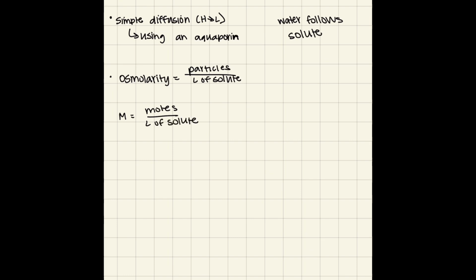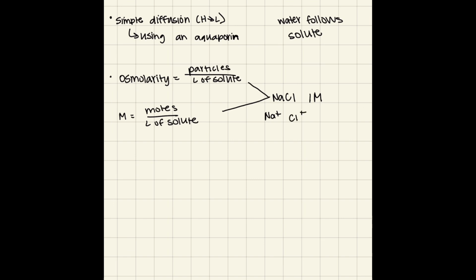This could be different for something like sodium chloride. A 1 molar solution of sodium chloride would actually be 2 osmolar, because sodium chloride dissociates into sodium and chloride when in water.